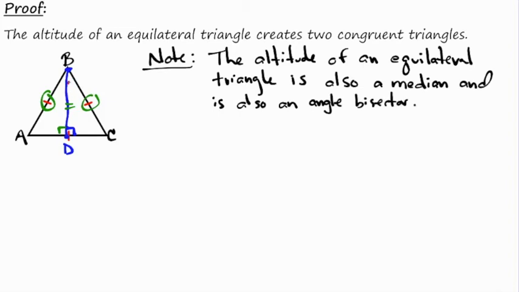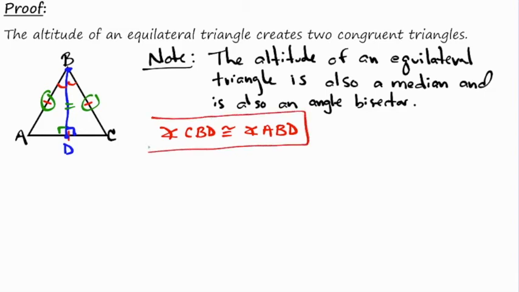Because these two triangles are congruent, their corresponding parts must be congruent. So I can mark that angle CBD is congruent to angle ABD because of CPCTC, that is the acronym which stands for corresponding parts of congruent triangles are congruent.